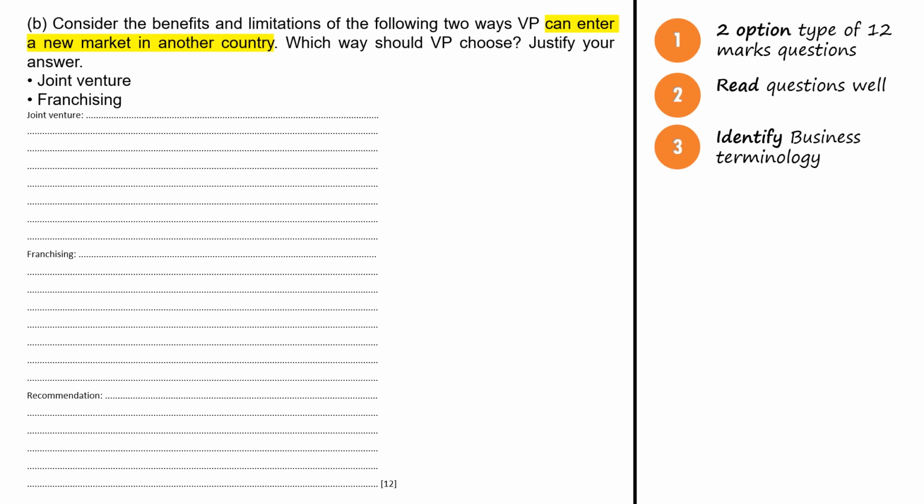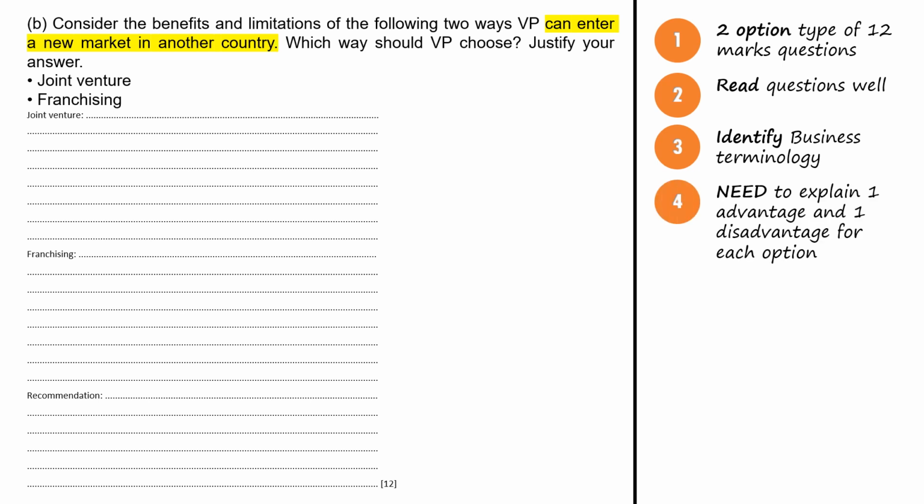Okay? I explain the advantage and disadvantage for joint venture and one advantage of franchising and one disadvantage of franchising so that you can get the maximum marks. Okay? Next point.